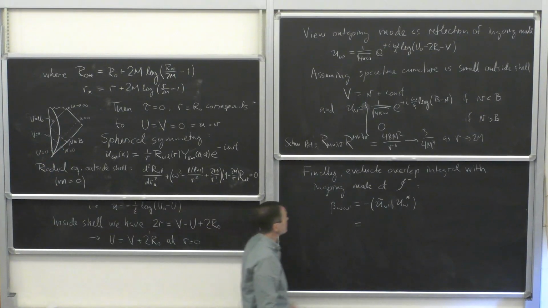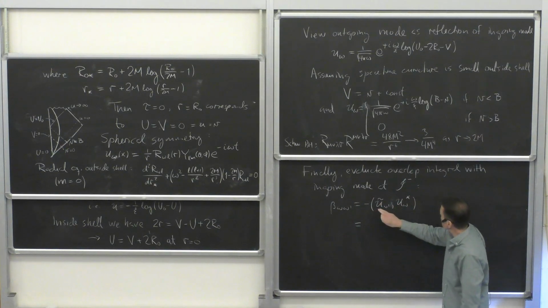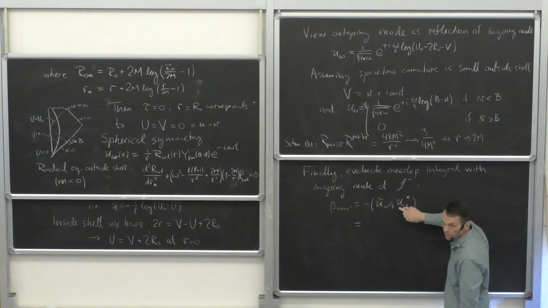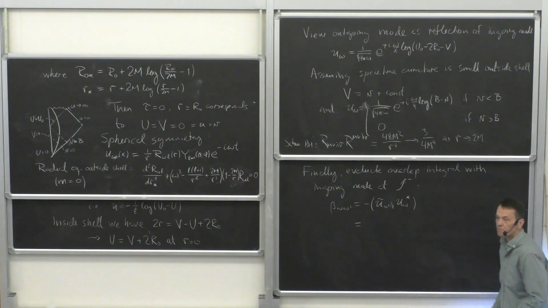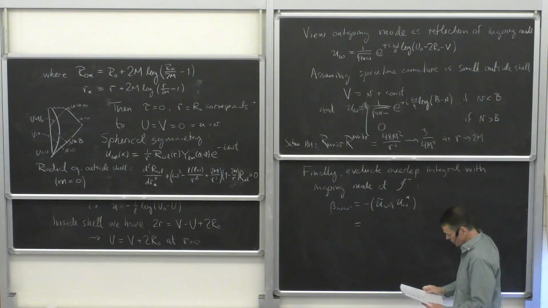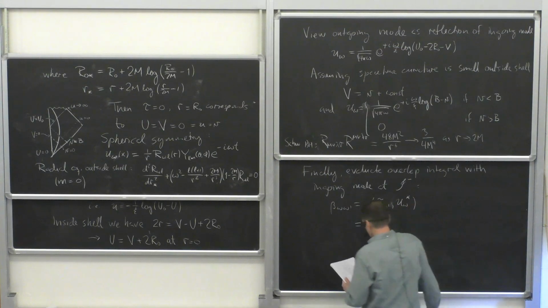It involved two terms. On one hand, it's the integral of this guy times the derivative of this, and then minus the opposite. And then I'm going to do an integration by parts to have the derivative acting always on this guy, which is simple, right? So let's do that.